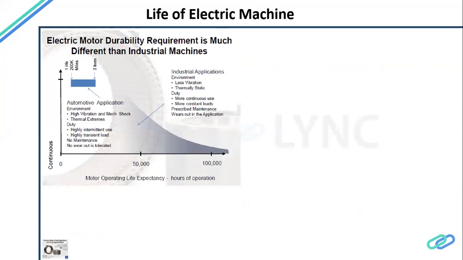We will pull up for some time. Their duties are different, right? We will need peak performance at various conditions, and it should be less maintenance or no maintenance, say less wear and tear we expect.